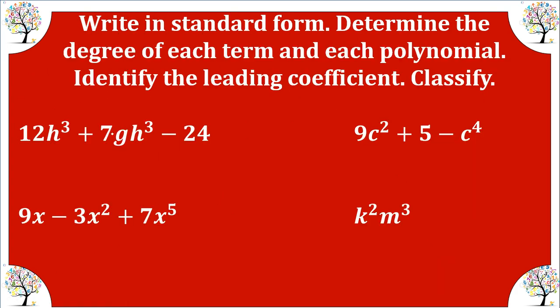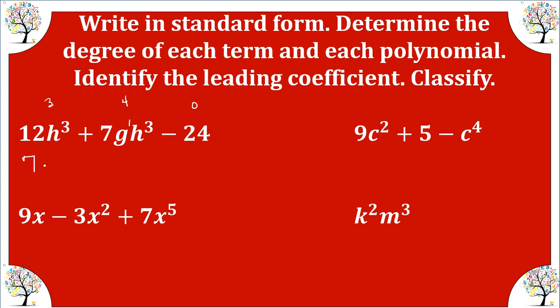Okay, we're going to write these in standard form, determine the degree of each term in each polynomial, and identify the leading coefficient and classify. So here, this is a degree of 3. So this is our cubic. This term is a degree of 4, so I'm just going to write the degrees on the top. And this has a degree of 0.